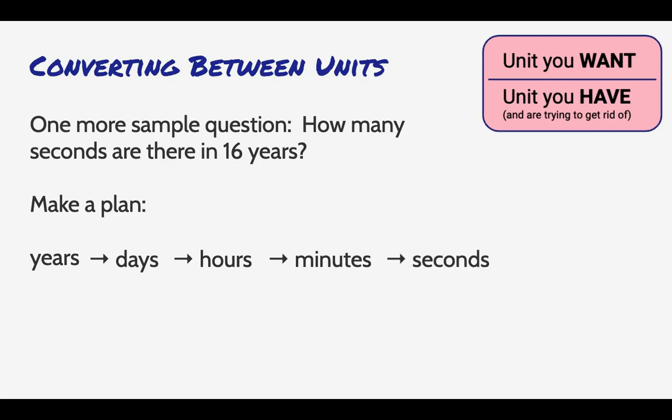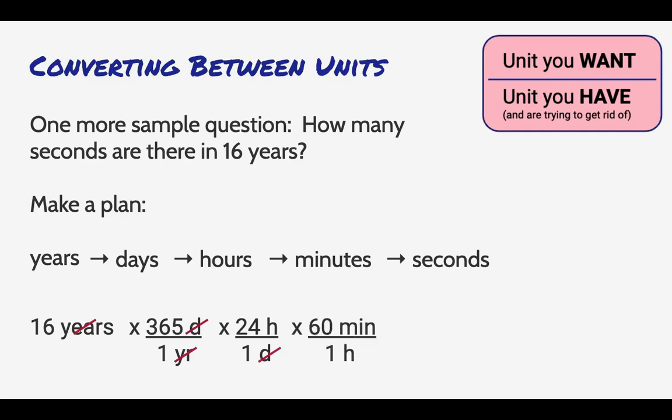Okay, so this one's going to require a few more steps. We'll start with the number in the question, 16 years. First we convert to days by multiplying by 365 days over 1 year. This cancels the years. Then we go to hours, 24 hours in 1 day. Days cancel. Then we go to minutes, 60 minutes in 1 hour. Hours cancel. And finally, we get to seconds, 60 seconds in 1 minute.